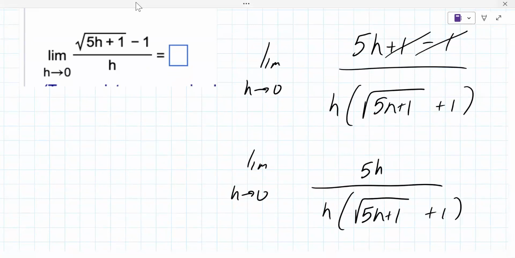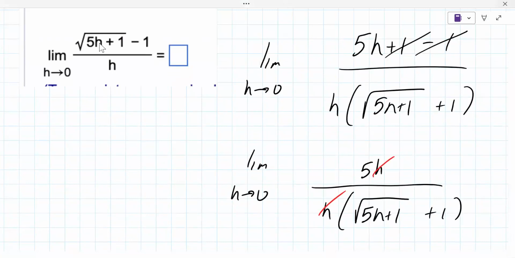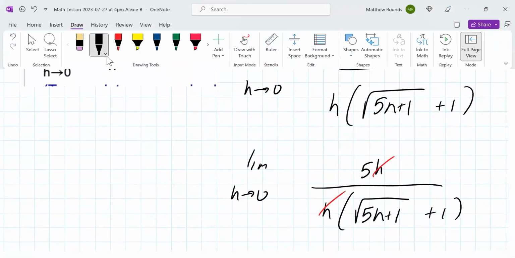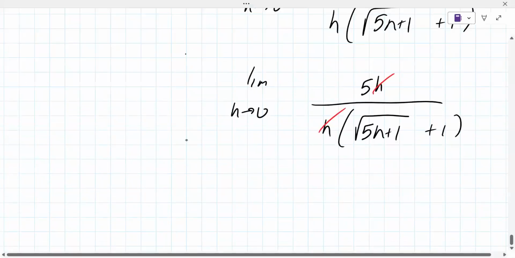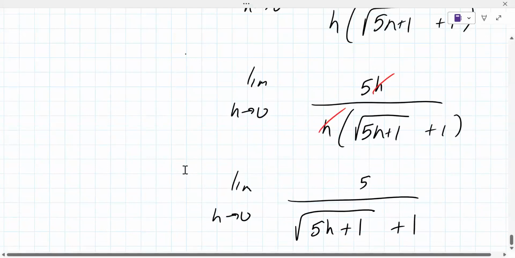The h's cancel. And so you see you get the limit as h goes to 0 of 5 over square root 5h plus 1. And then you are finally ready to put 0 in for h.